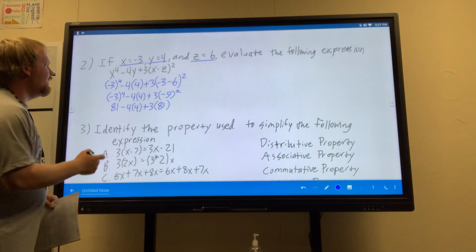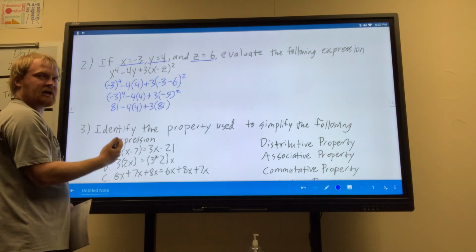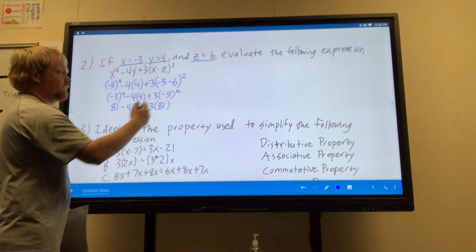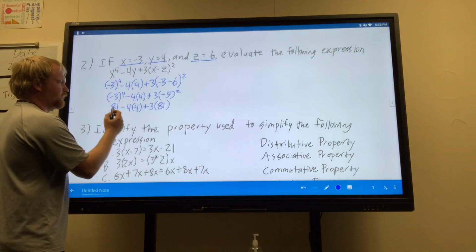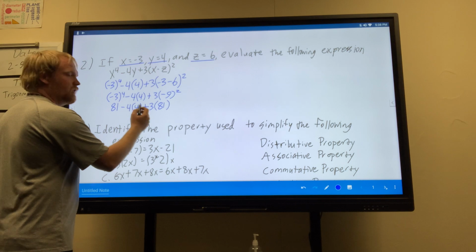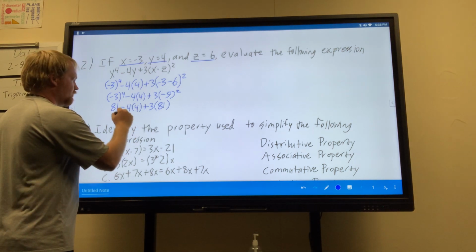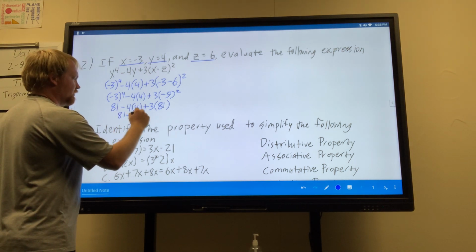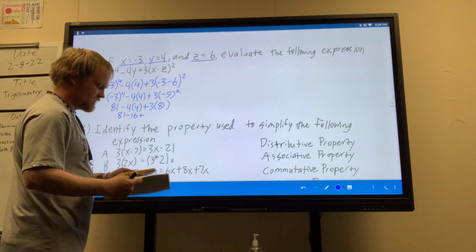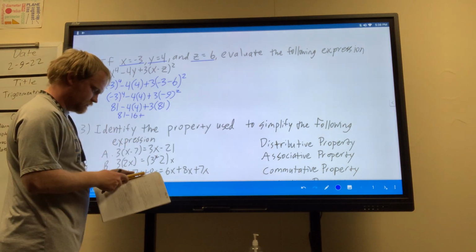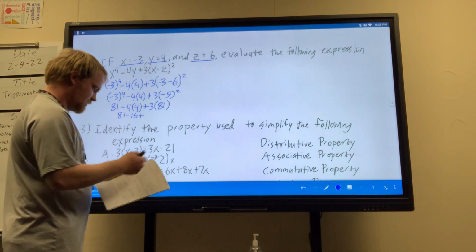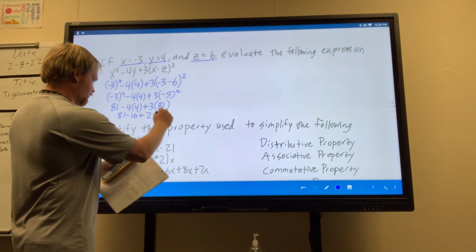All right, now I want to multiply, from left to right. There's nothing for me to multiply first. I've got 4 times 4, which is 16, plus 3 times 81, which is 243.